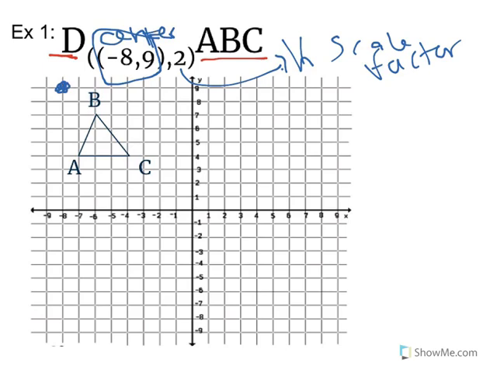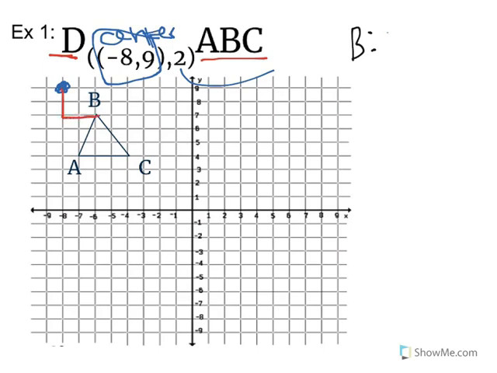So we're going to count the rise over the run for each point from the center of dilation. So I'm going to do B first. B, I am going to go down 2 and right 2.